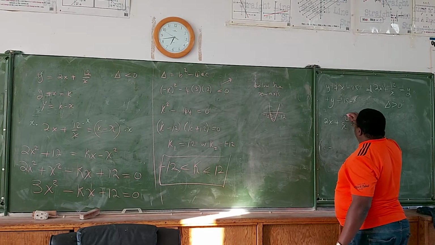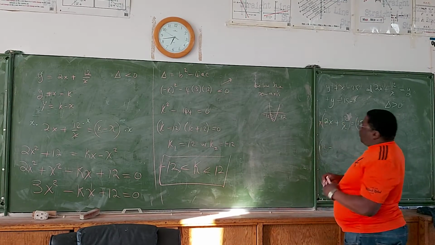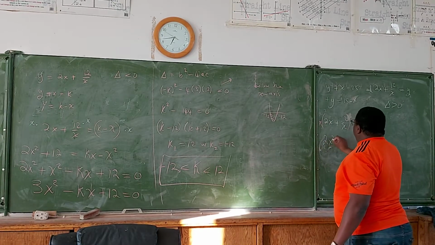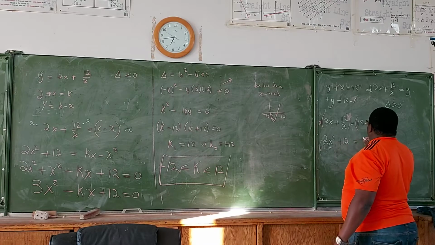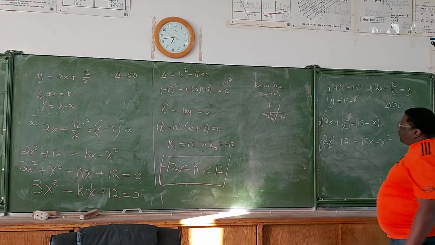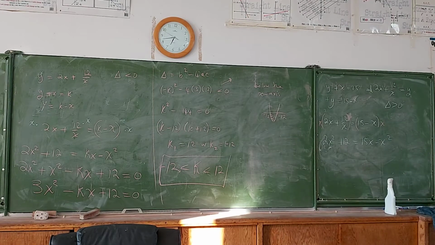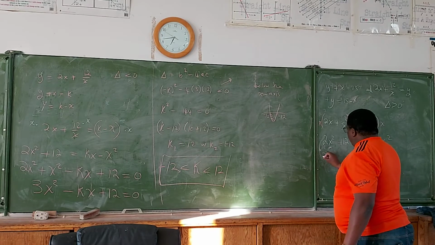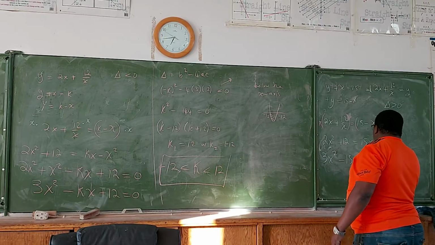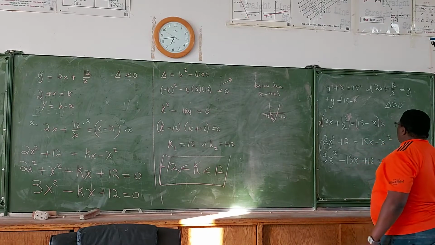So this is going to leave me with 2x squared plus 12 equals 15x minus x squared. Rewrite everything in ax squared plus bx plus c equals 0 form. This becomes 3x squared minus 15x plus 12 equal to 0.